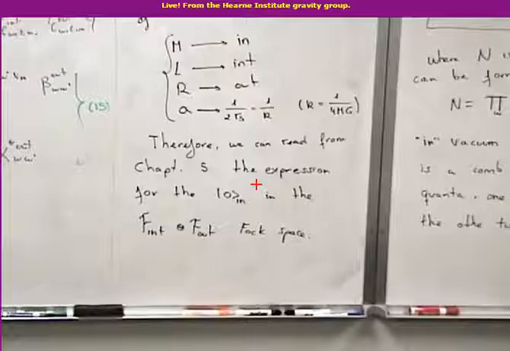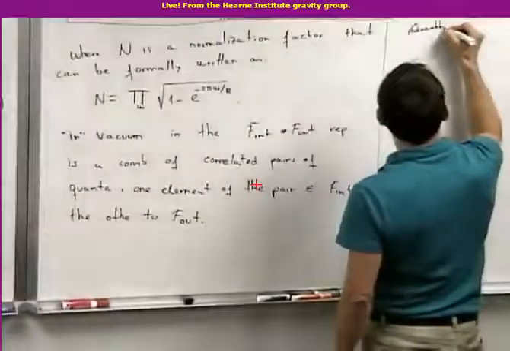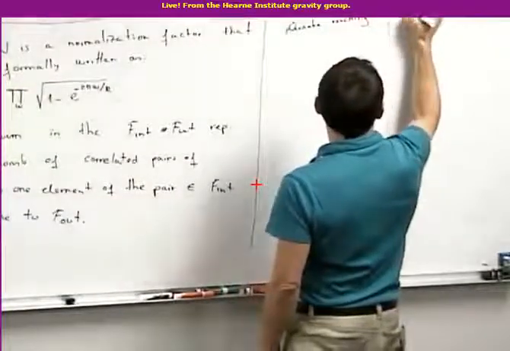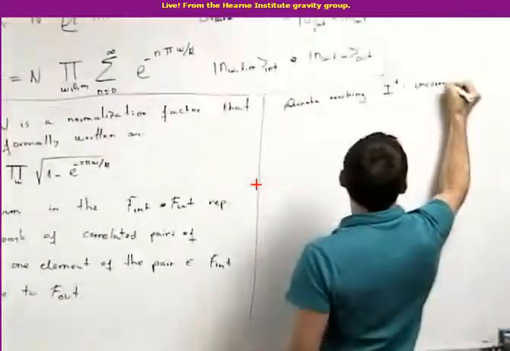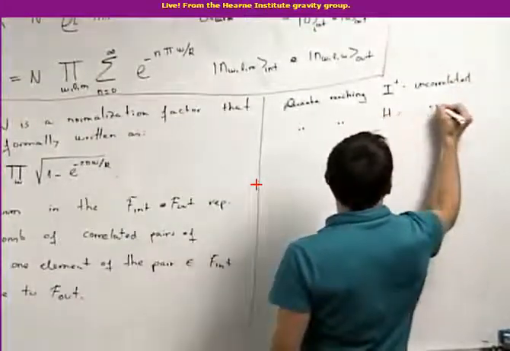So quanta reaching scri plus are uncorrelated. Quanta reaching the horizon are uncorrelated.